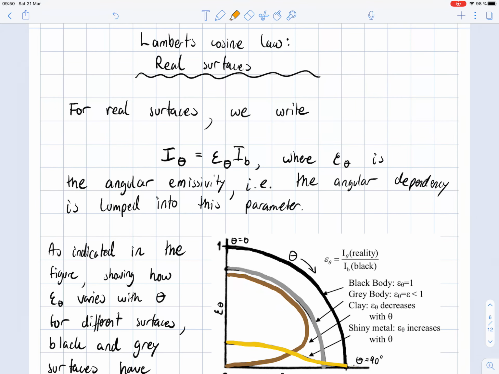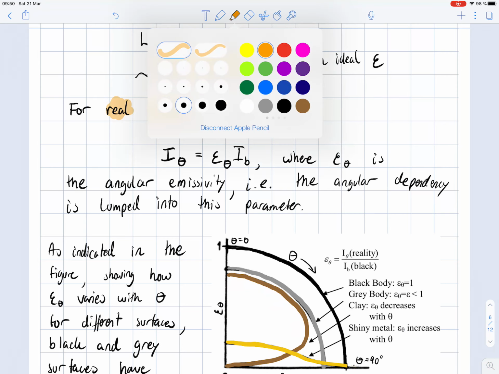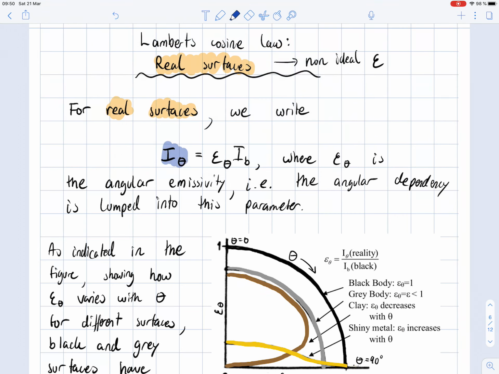Now we will have a brief discussion on the effect of real surfaces, and that means non-ideal values for epsilon. For a real surface, we write that the intensity, which now should be a function of theta, equals epsilon theta times I_B.